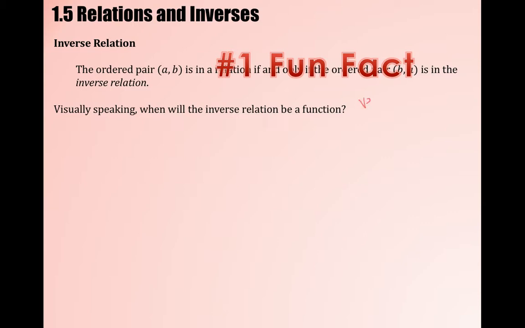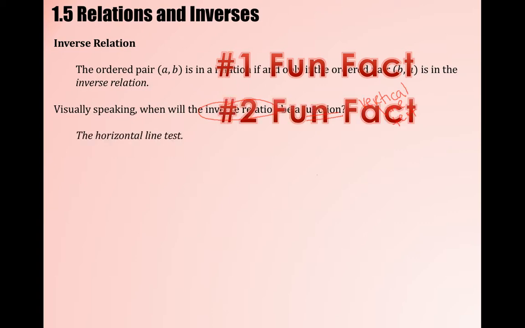Maybe you remember the vertical line test. So extending on that, if you're looking at a relation, how do you know if the inverse of that relation is going to be a function? Using this idea, the horizontal line test.